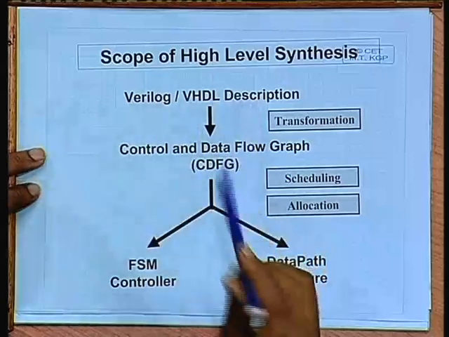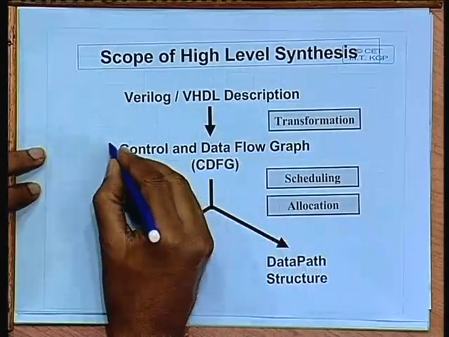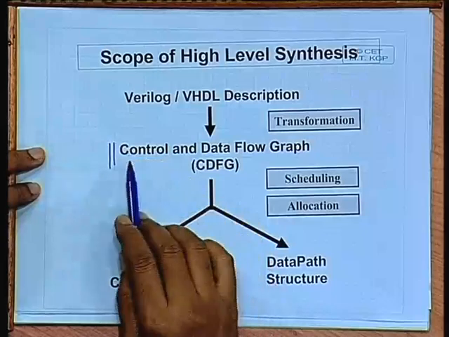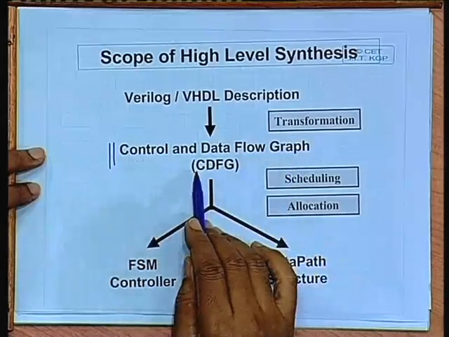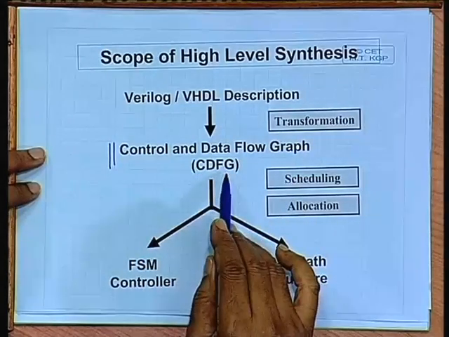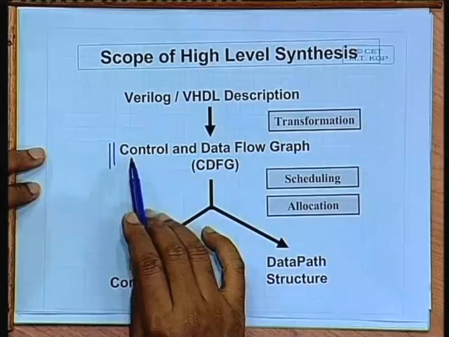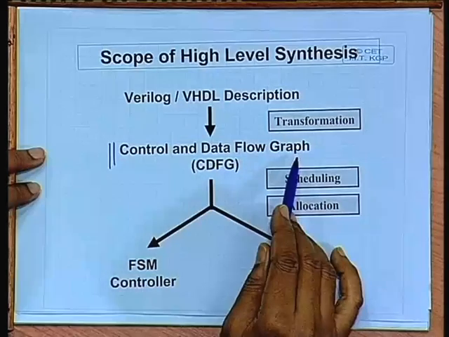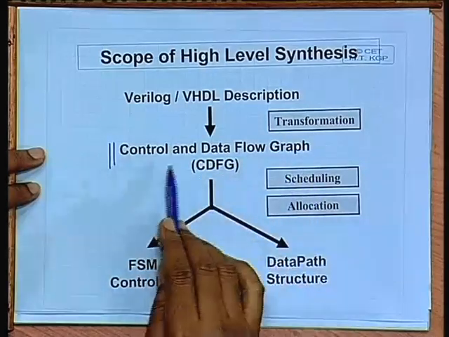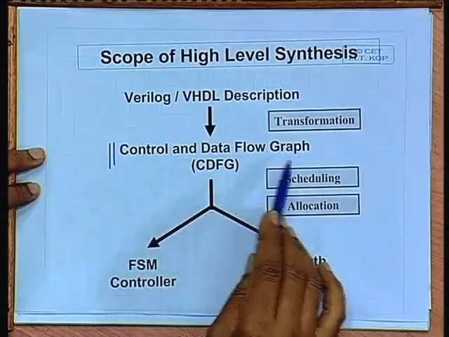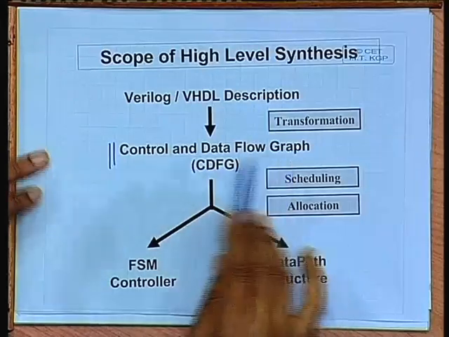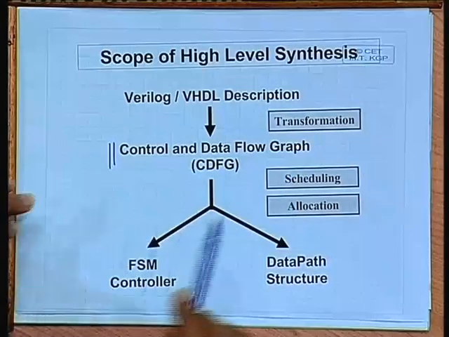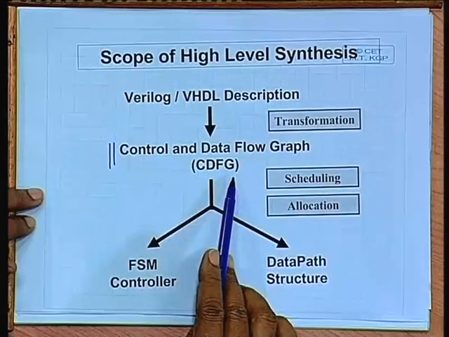From this we come to the intermediate representation, which is CDFG, the control and data flow graph. This is the most popular representation which people use. As the name implies, it is not a single graph, it is actually two graphs, a control flow graph and a data flow graph, but both taken together are called CDFG.